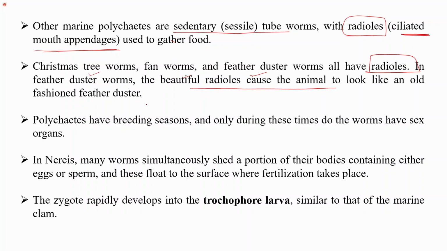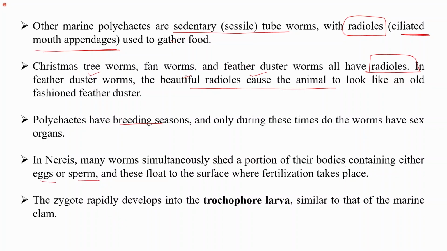Polychaetes have a breeding season, and only during these times do the worms have developed sex organs. In Nereis, many worms simultaneously shed a portion of their bodies that contain either the egg or the sperm.